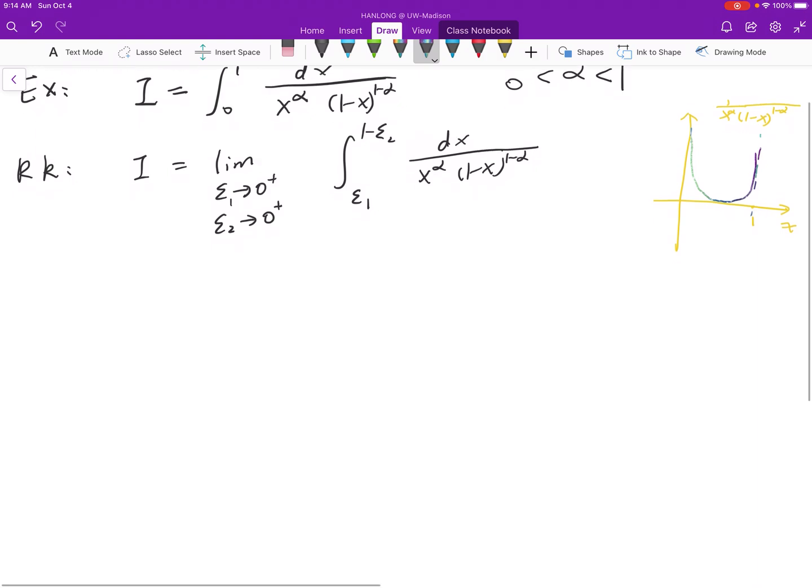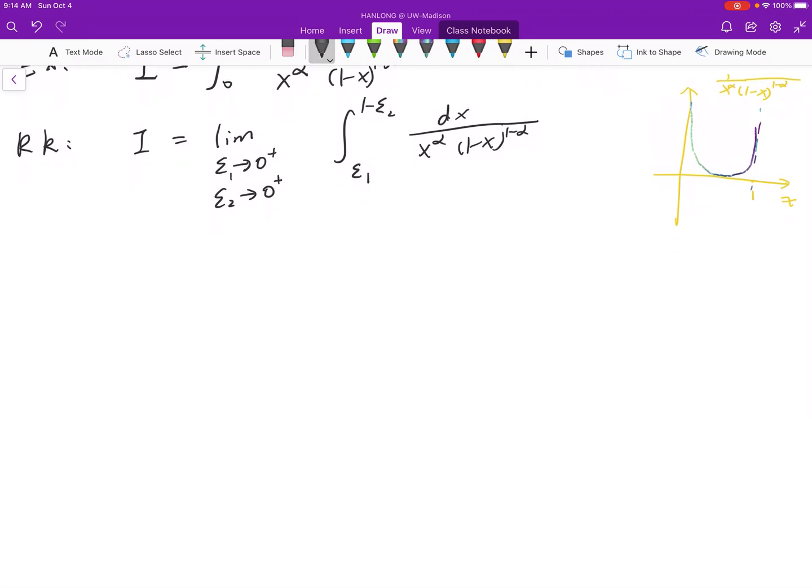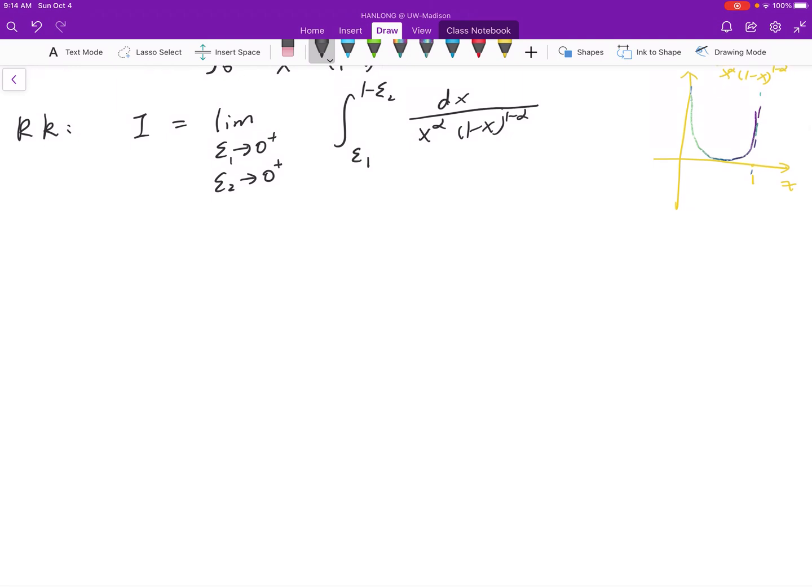But by the p-test, we are able to determine that this is convergent, because near 0, 1 over x to the alpha times (1 minus x) to the 1 minus alpha has the same growth rate as 1 over x to the alpha's power, because the second factor is bounded below by, for example, 1/2 when x is small.